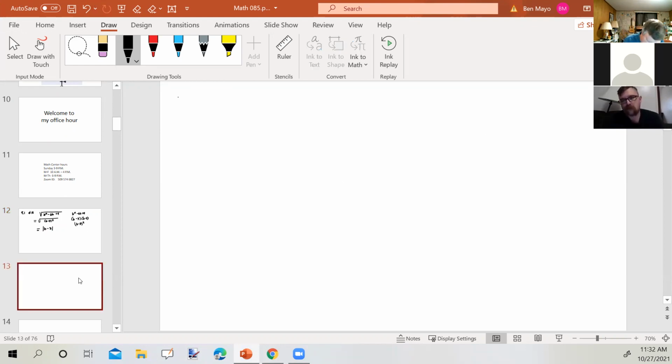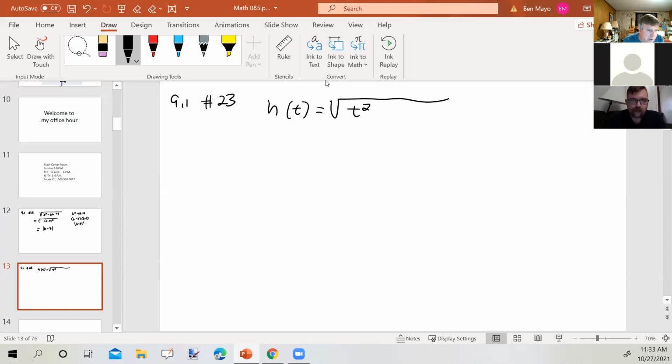Okay, this is 9.1, number 23. It says, find each function value if possible. Do not use a calculator. If an answer is undefined, enter undefined. So we have h of t equals the square root of t squared plus t minus 8.